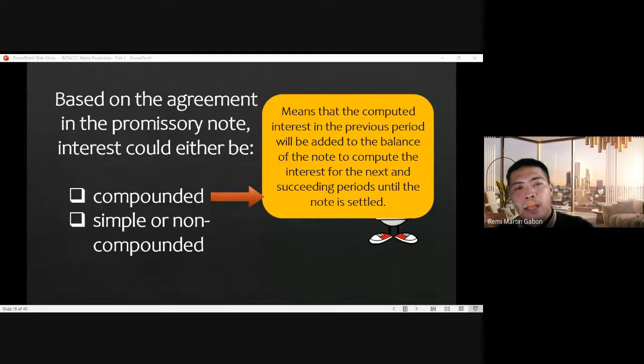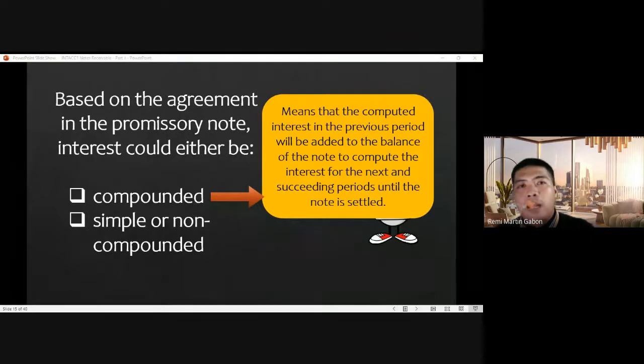But if we incorporate compounding, it is not only the principal that bears interest. Also, the interest that was initially computed will also bear interest for purposes of computing the interest in subsequent periods.